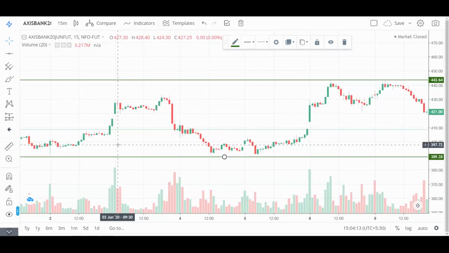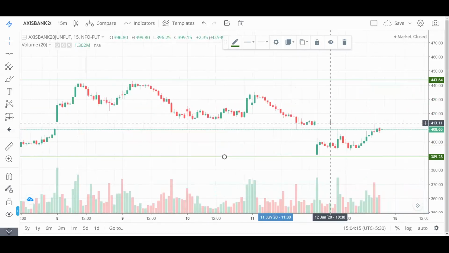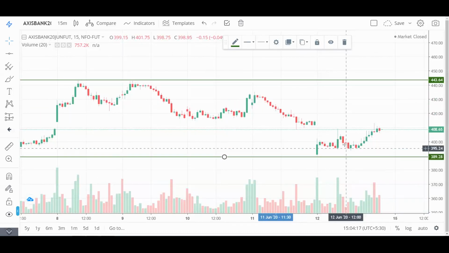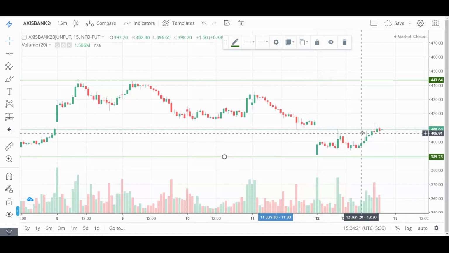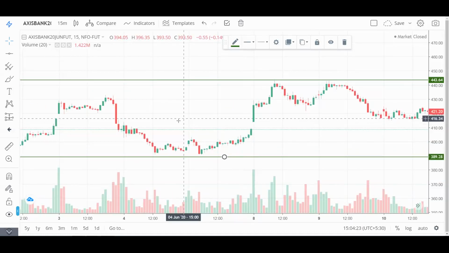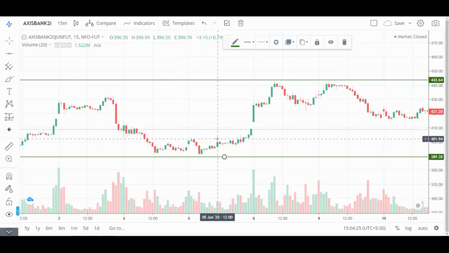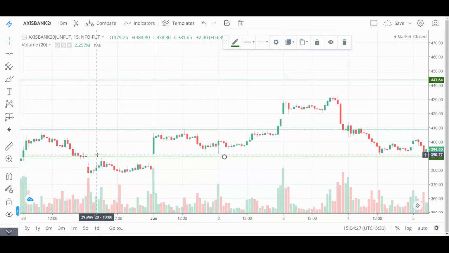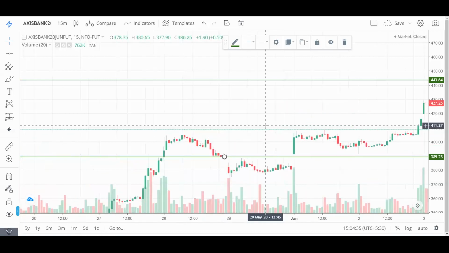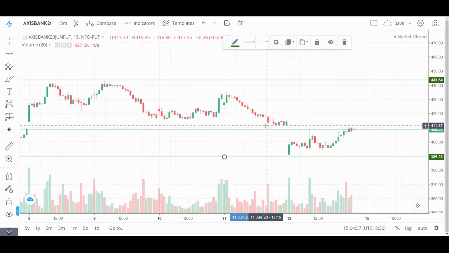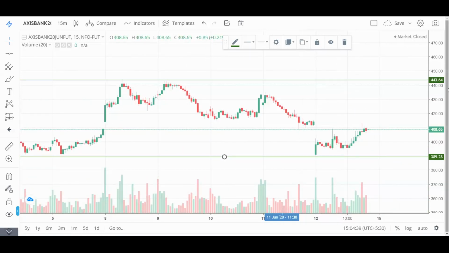So you can see here it has taken the support of the horizontal line and it reversed from this support area. Same way it has taken the support here also, and in earlier sessions you can see it gave a breakdown, and after trading downward it again gave a breakout. So same way this was for the high and low.